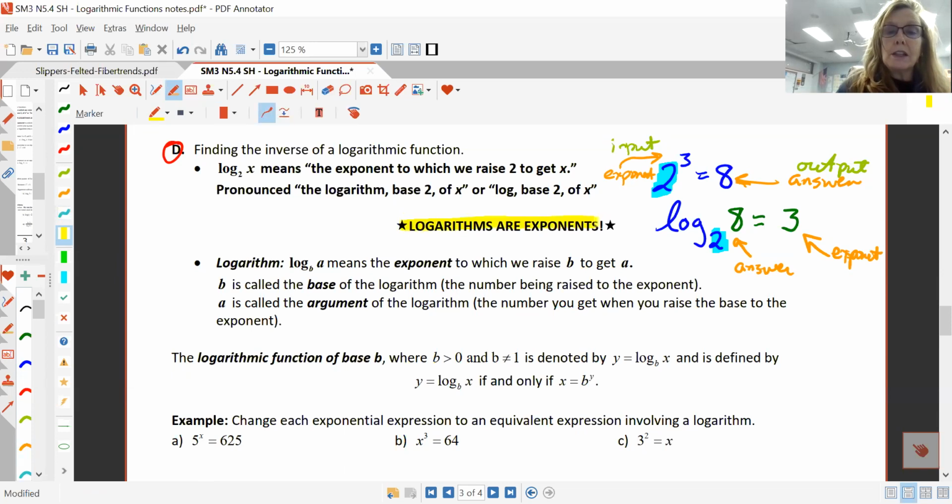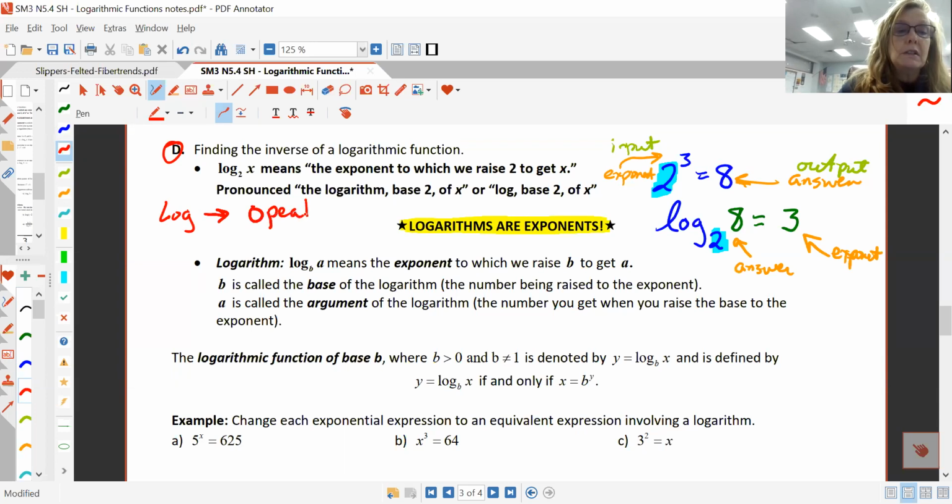So this star thing is really important. What are logarithms? They are essentially the exponent value. Also a reminder, when it says log, that is an operation. It is telling you to do something. It looks kind of funky, but essentially it's a math statement.